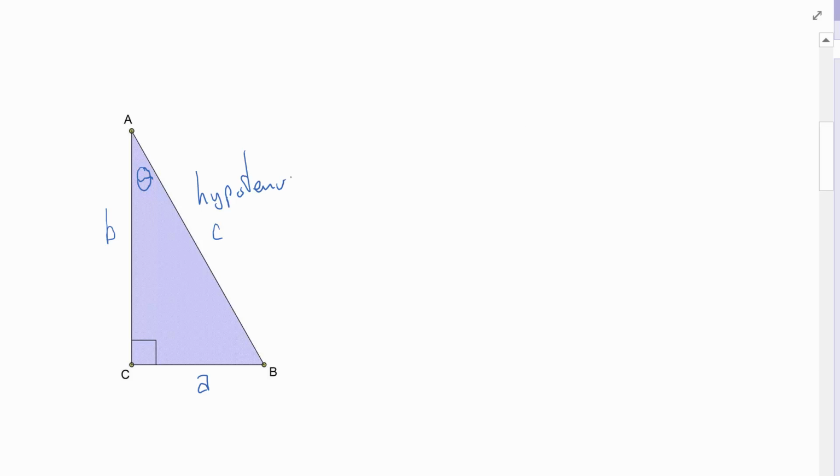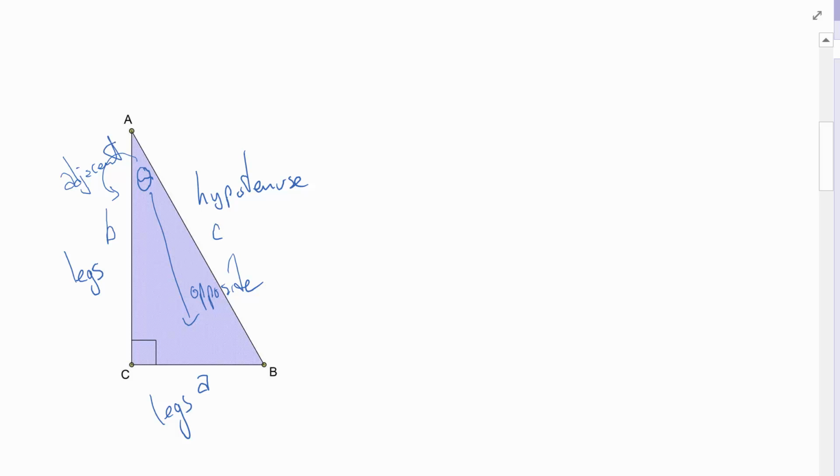The two remaining sides are called the legs of the triangle. And if we're looking with respect to angle A, we can say that side little a is opposite from it, while side b is adjacent to angle A. Of course, the hypotenuse is also adjacent, but we aren't referring to the hypotenuse, only to the legs.